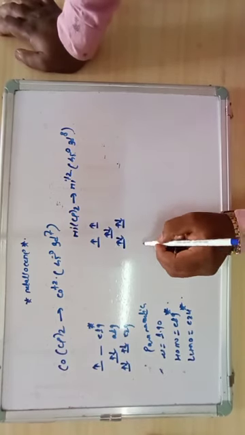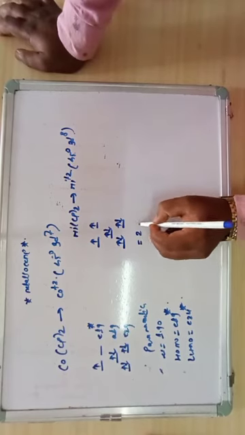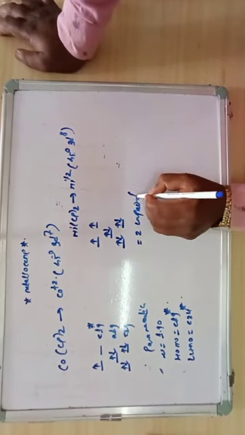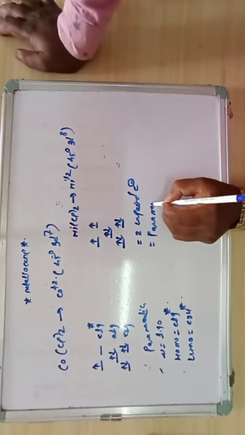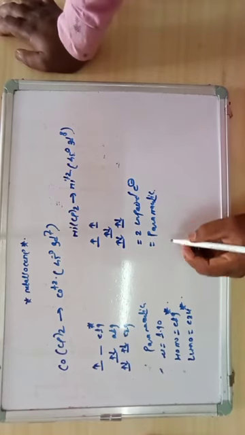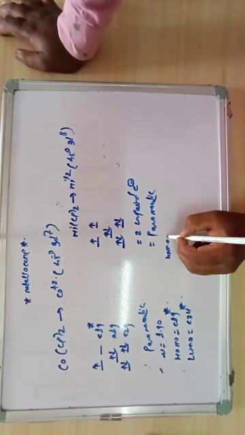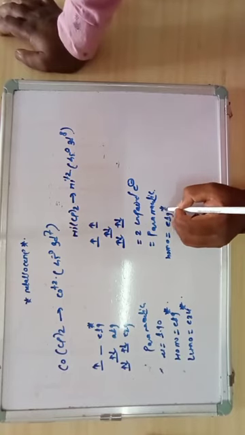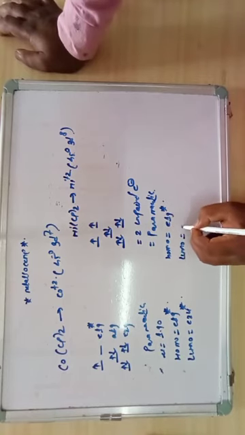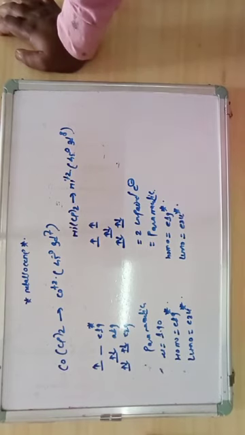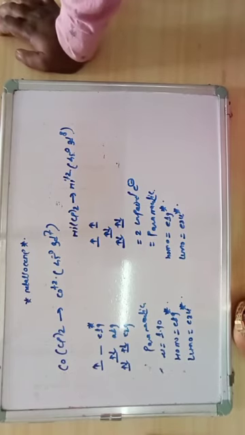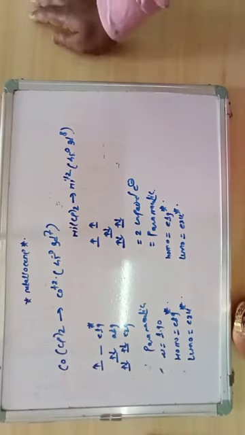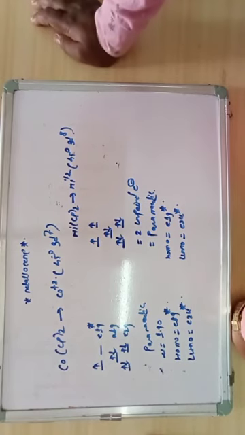So it has two unpaired electrons, so it is paramagnetic in nature. If you consider its HOMO, it is E1G antibonding, and its LUMO is E2U antibonding. So this is regarding its paramagnetic or diamagnetic nature, magnetic moment, what is its HOMO, and what is its LUMO.